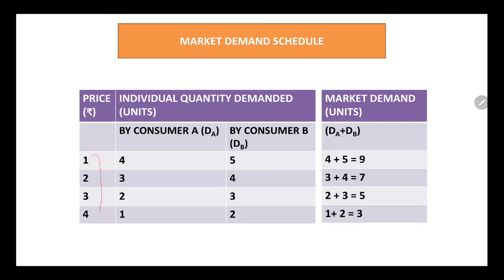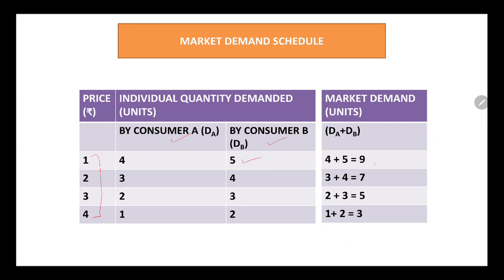Now this is how the market demand schedule looks like. The price is a unique thing. Price never changes. It's the quantity demanded that changes with the respective prices. So we can say that there is a consumer A and there's a consumer B. These are the individual quantity demanded. So at price 1, consumer A is demanding 4 units, however consumer B is demanding 5 units.